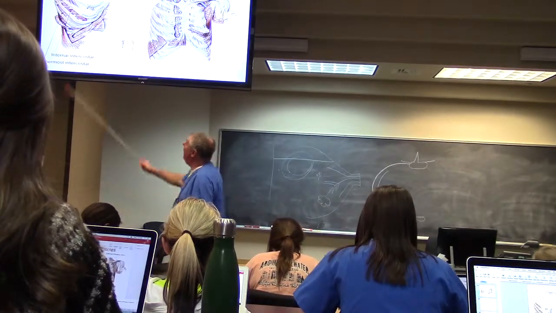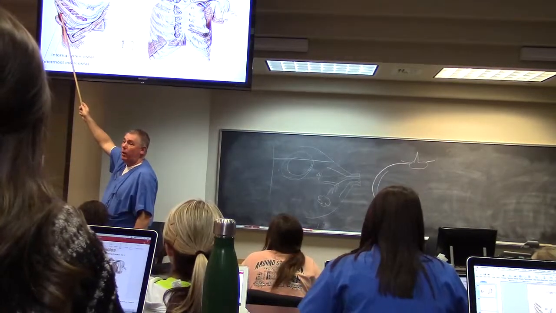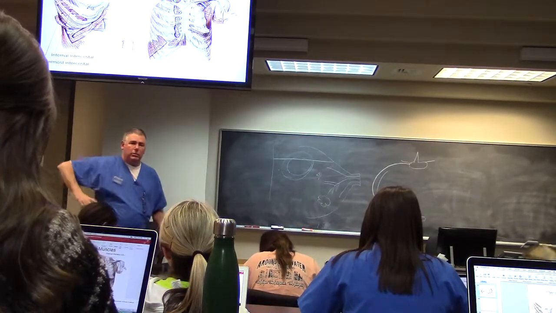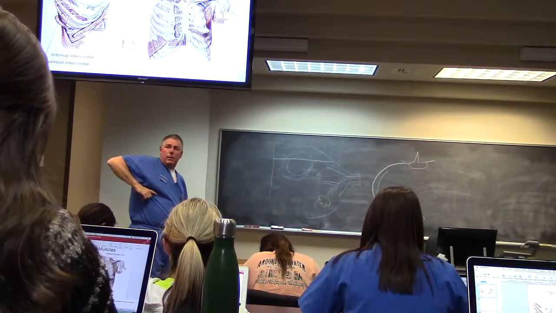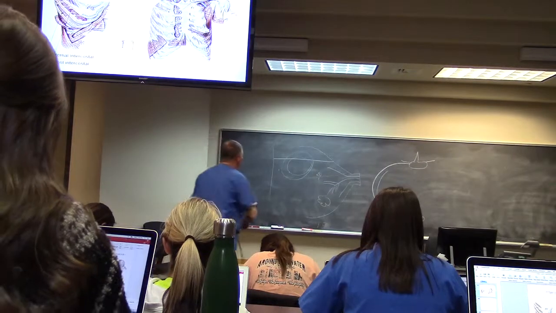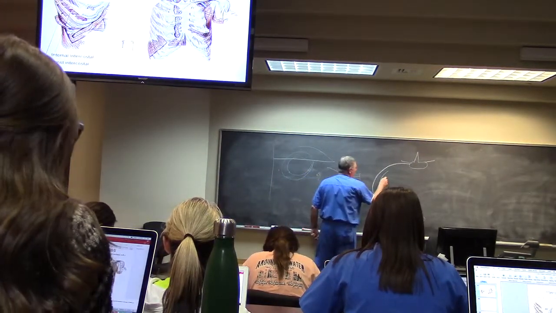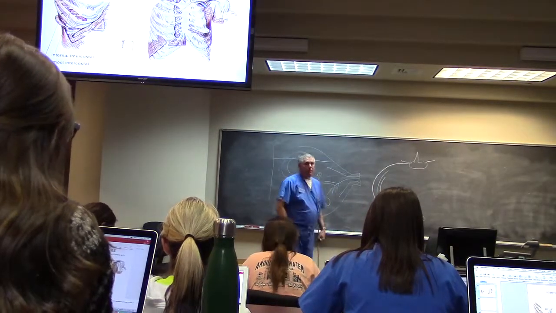And deep to that, fibers going in the same direction as the external are called the innermost intercostals. The innermost intercostals are only present in the lateral thoracic wall. Lateral thoracic wall. So inside of this would be the innermost intercostals. Okay?